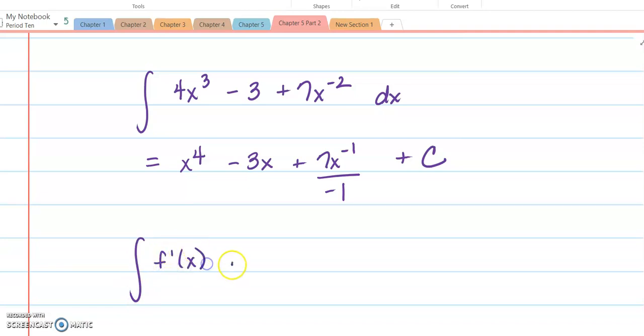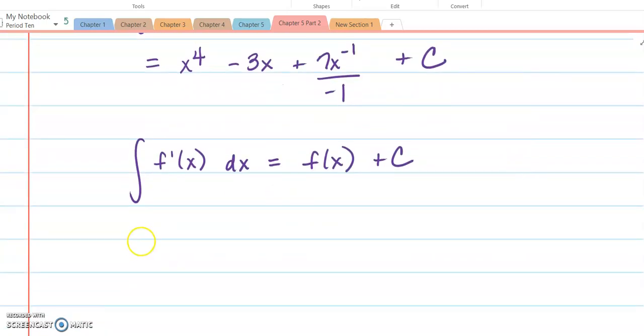So the major idea for today is that some integral of a derivative is equal to its antiderivative plus c. And that antiderivative, you could write it with a little f. You could also do little f on the inside, and it's equal to its antiderivative, capital F, plus c. You just have to make sure that those look different.